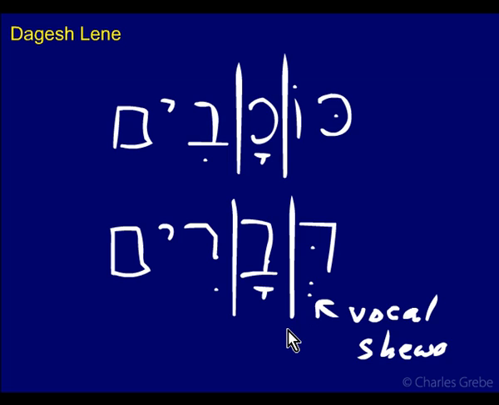So when you're thinking about Dagesh Lenes and whether it should or shouldn't be there, you have to first figure out whether your shva is vocal or not, if you have one there. Because a vocal shva is a vowel, a silent shva is not a vowel. A silent shva is simply a syllable marker. And any vowel will cause Dagesh Lene to take off. Okay, so Dagesh Lene is pretty weak, really. Any vowel is going to scare him away.